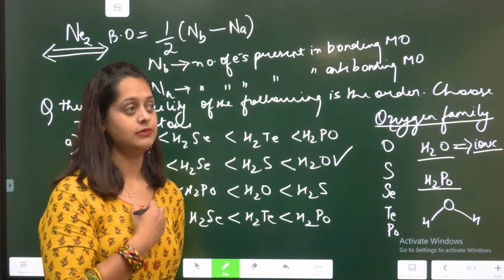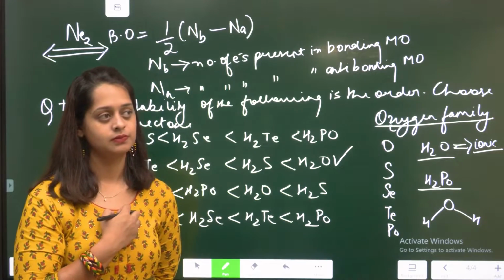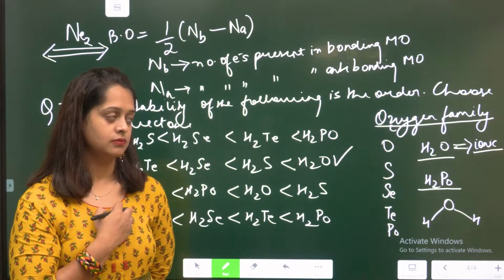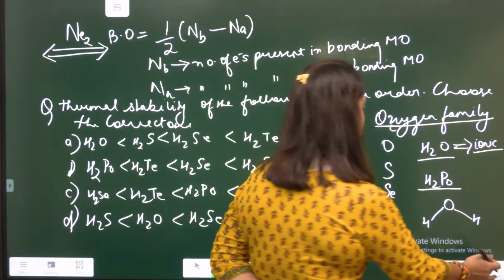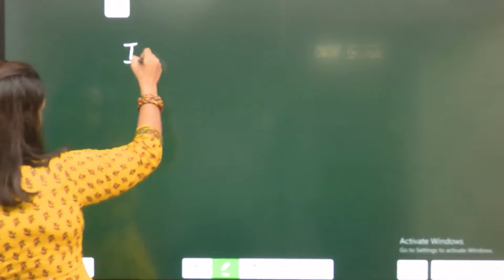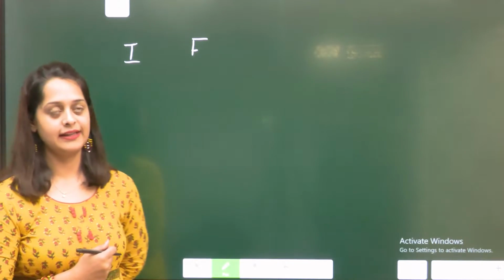Polarizability power is for an anion. Okay, let's go via this example. You have iodine and fluorine. Which has more polarizability?